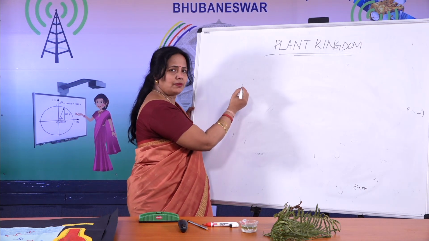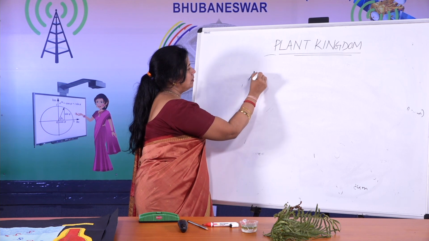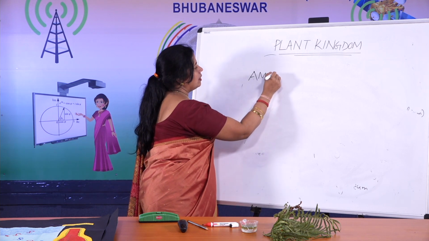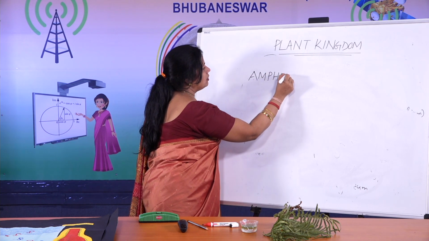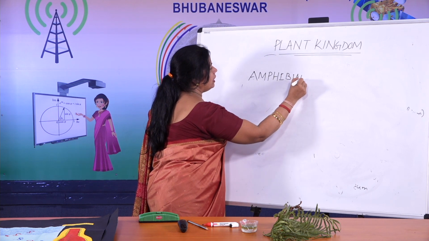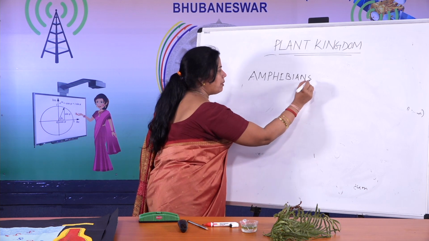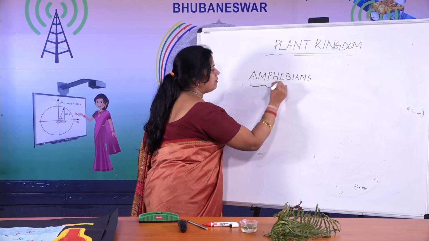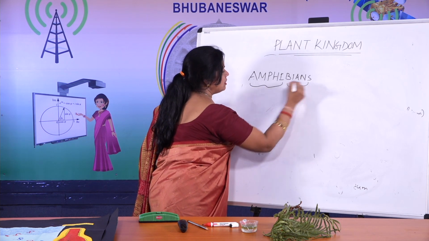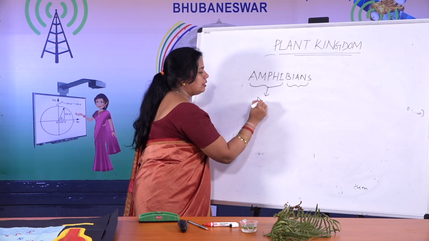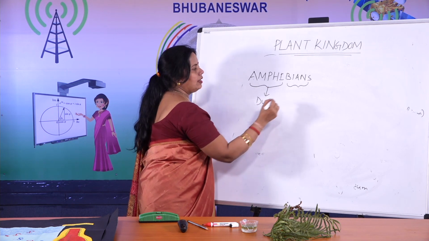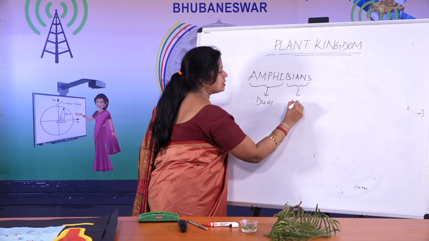So, why such a name is given? You see, amphibians of plant kingdom. Here the term amphibians is derived from amphi plus bians. Now, amphi means dual, D-U-A-L, and bians means habitat.